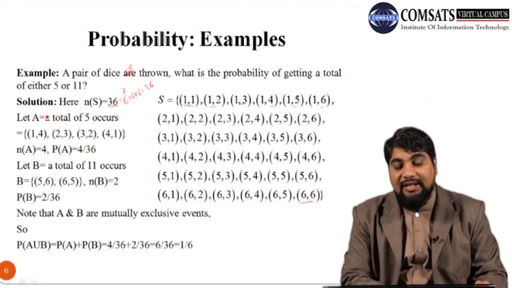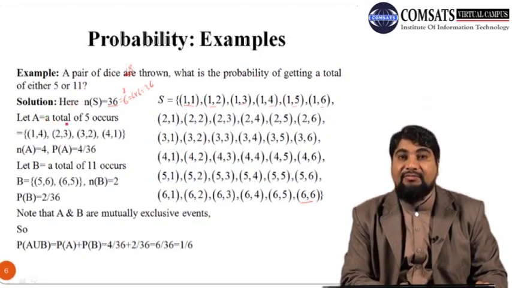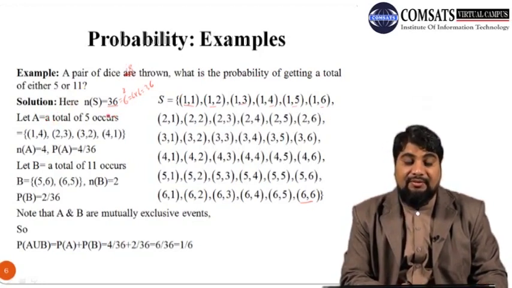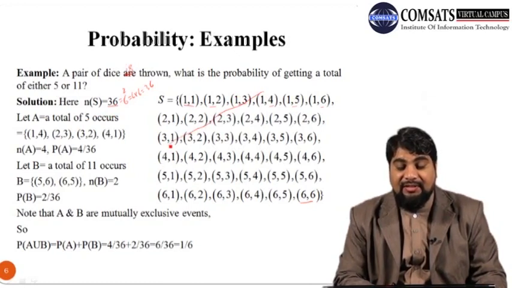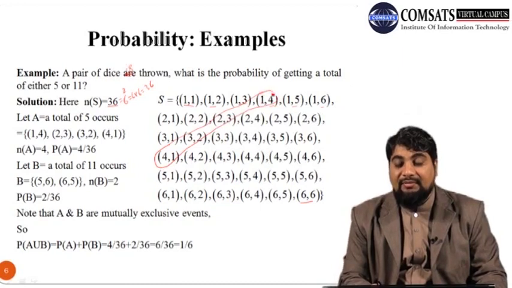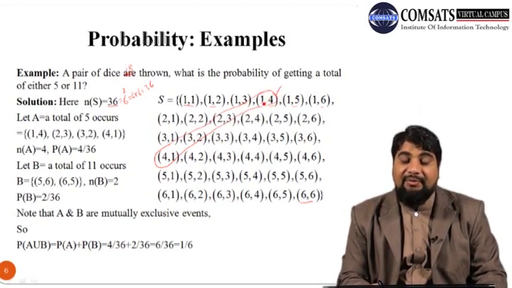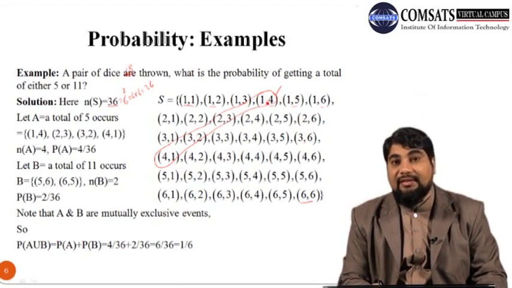So let us define an event A that a total of 5 occurs. From the sample space, just pick those ordered pairs where the total of the numbers on both dice is 5.